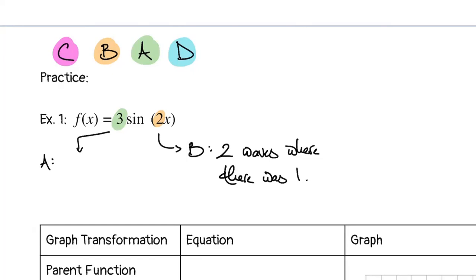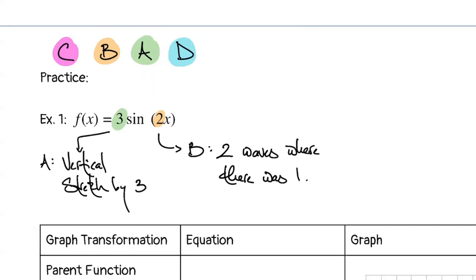Yeah, I think the vertical part I'll take. Can we use a different word maybe instead of growth though? Yeah, like a vertical stretch. Okay, vertical stretch by 3.